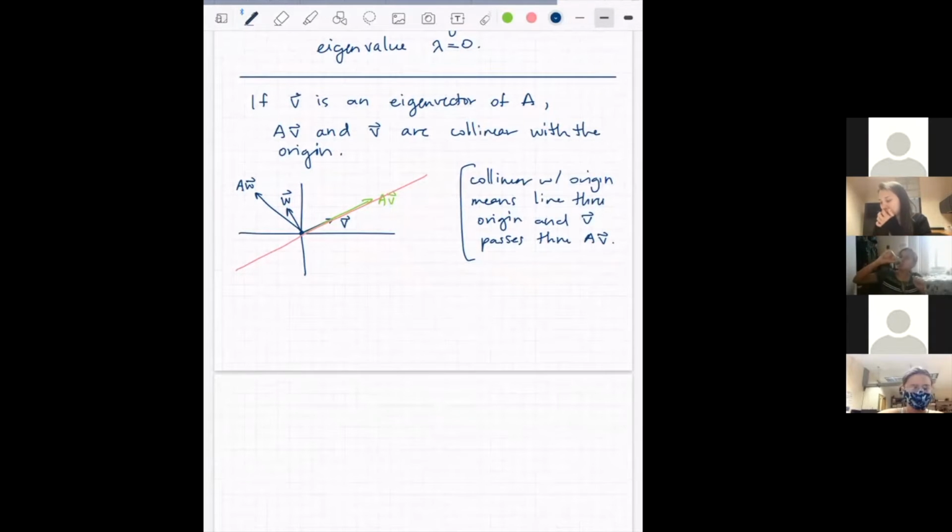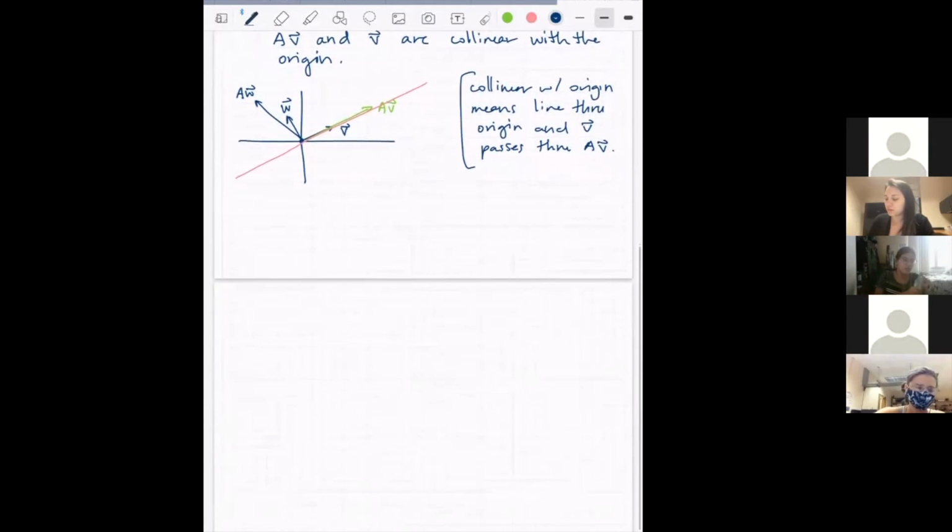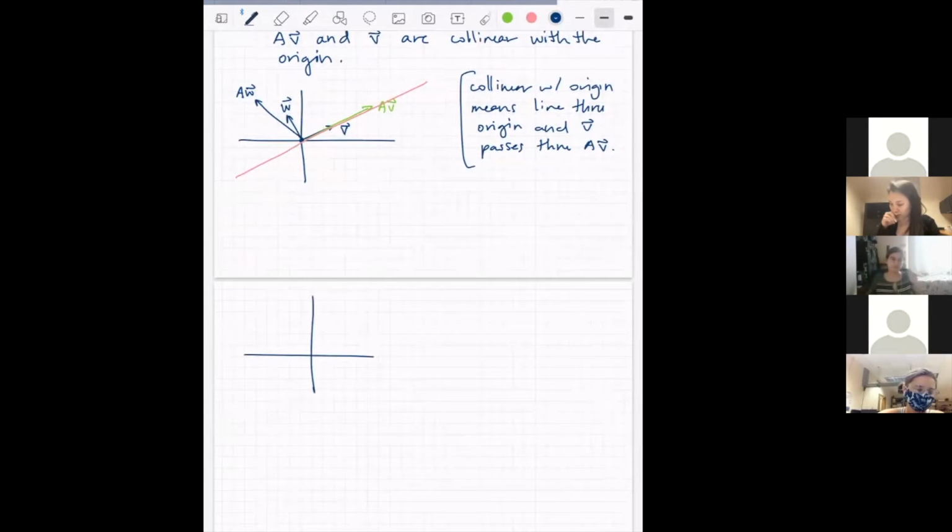Another way of thinking about this is as a transformation.